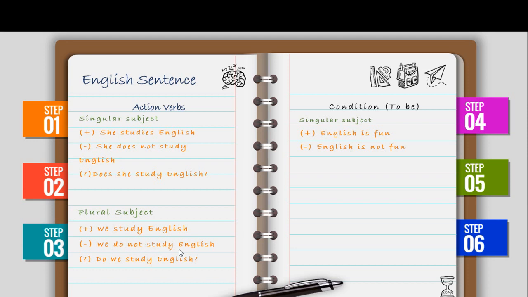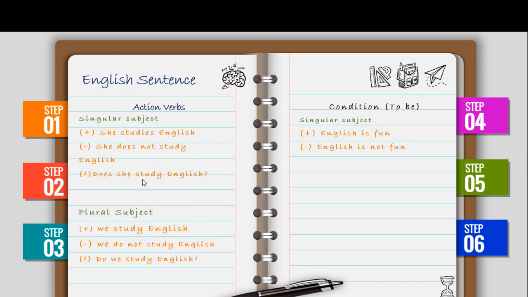We do not study English. And how to change the sentence into interrogative form, or into a question form? Just move do to the front of the sentence. Put it before the subject, so it becomes, do we study English? Okay, it's all about action verbs.